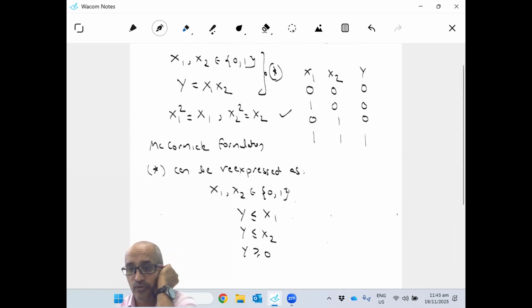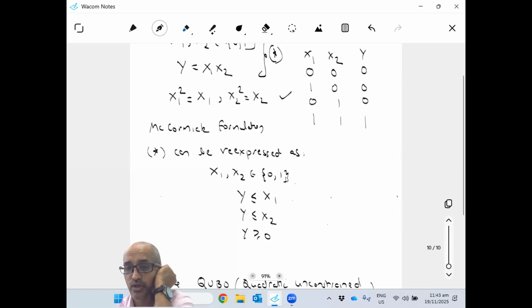So for example, if you look at this constraint right now, if x1 and x2 both are 0, what will this constraint do? It will force y to be 0 because y is less than equal to 0 and y greater than equal to 0.